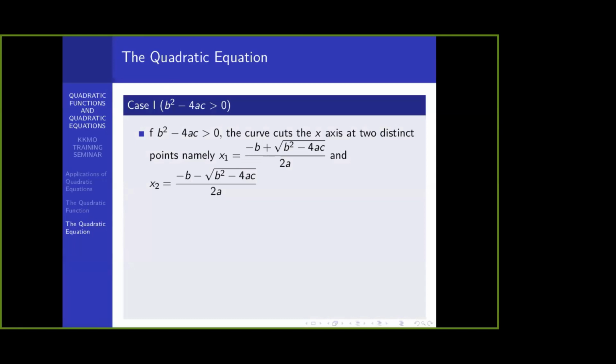In this case, we can get 2 distinct roots. Minus b plus square root of b squared minus 4ac divided by 2a. And the second root would be minus b minus square root of b squared minus 4ac divided by 2a. So this gives us 2 distinct roots when b squared minus 4ac is greater than 0.